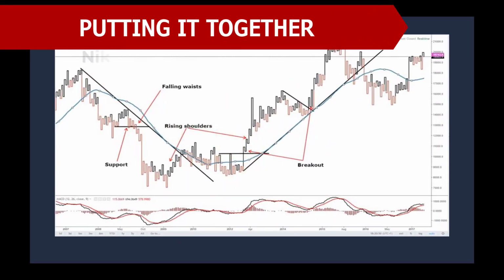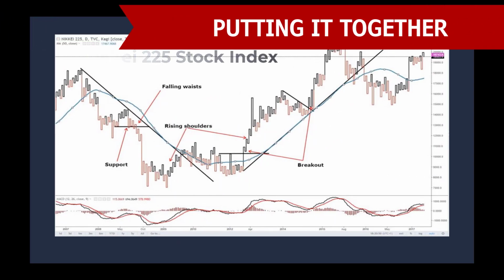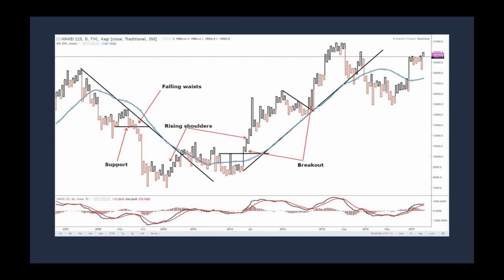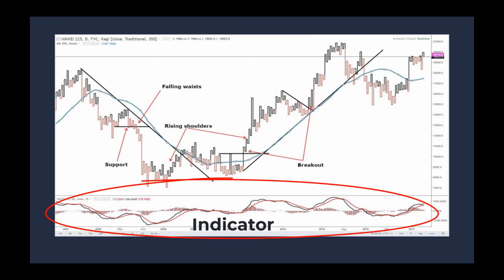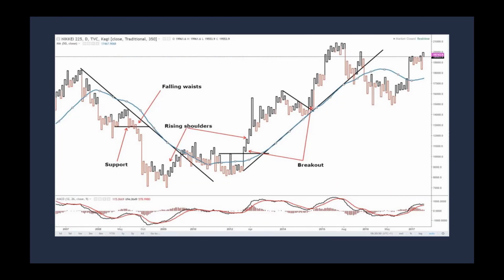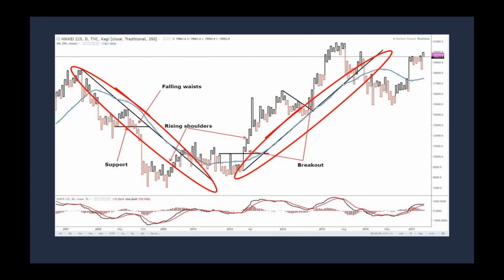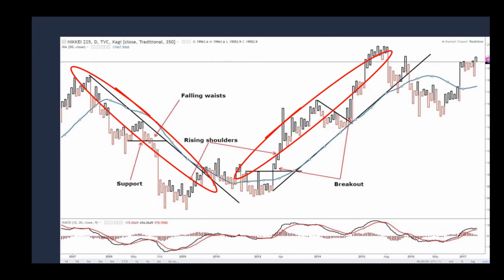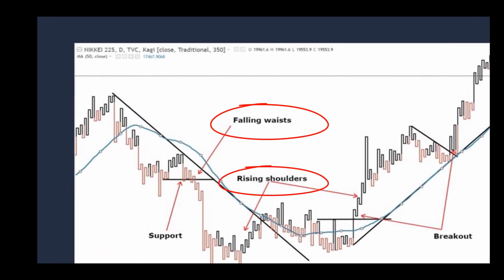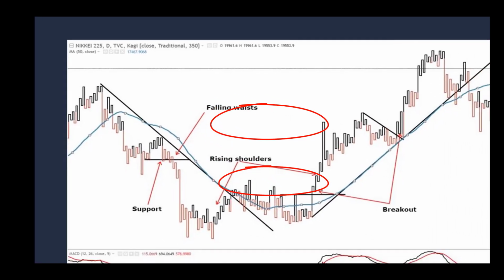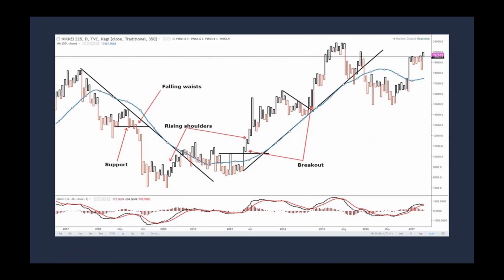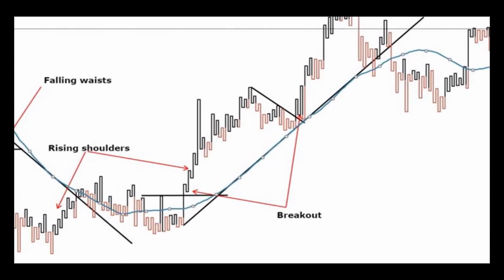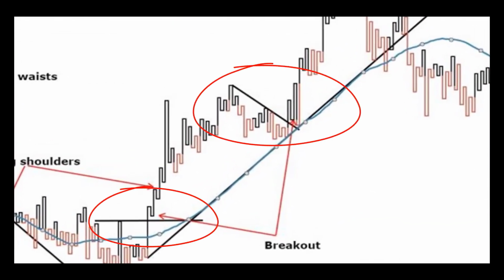Now here we have the Nikkei 225. It's a Japanese stock market index, and I've added an indicator below the chart, and I've drawn on trend lines and added a moving average and put on some of the terminology that we'll look at that is unique to the KAGI chart. But you can see, because of the simplification of the data, trades like breakouts are more obvious.